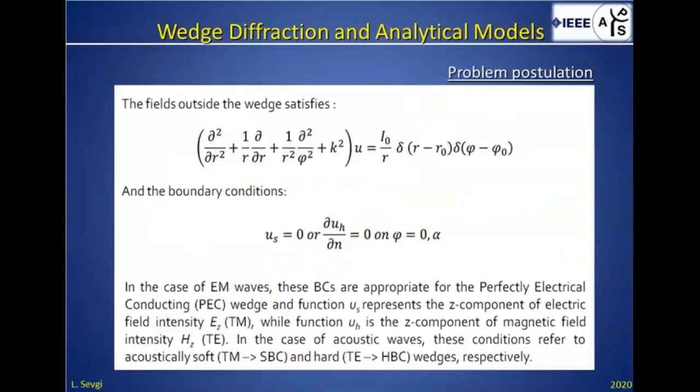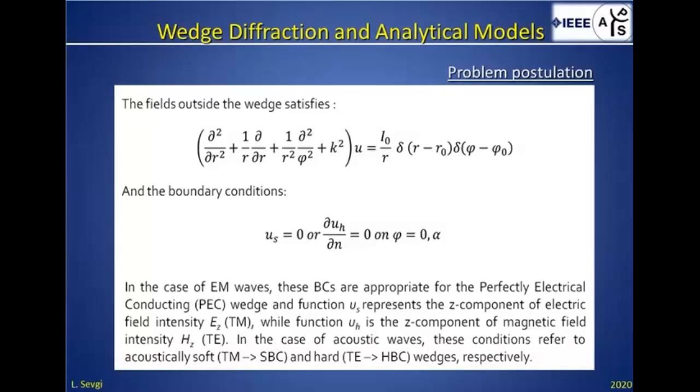This is the wave equation in two-dimensional space and the boundary conditions. This is how we postulate the problem. Maxwell's equations plus boundary conditions, or as you see here, the wave equation plus boundary conditions, first defines the problem, and then U is the wave function.